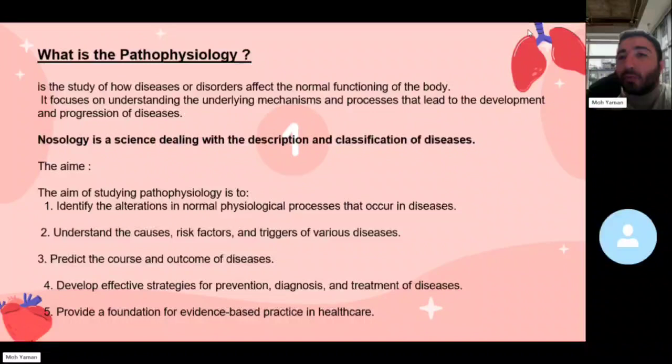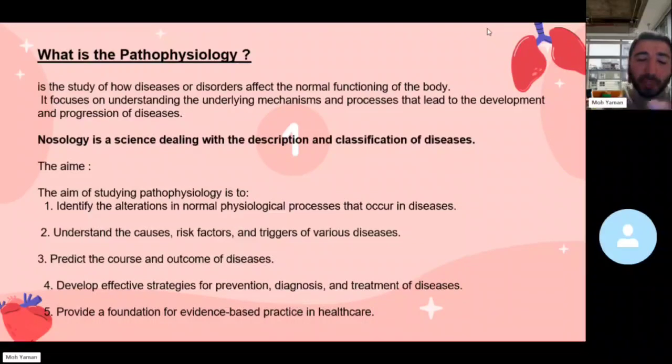For example, they removed the pancreas, and after that they returned the laboratory animal to life, and they continued studying the mechanism of the diabetes. So the aim of this science is to identify the alterations in normal physiological processes that occur in a disease.